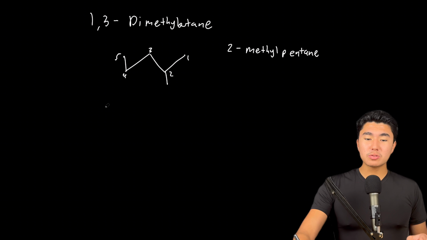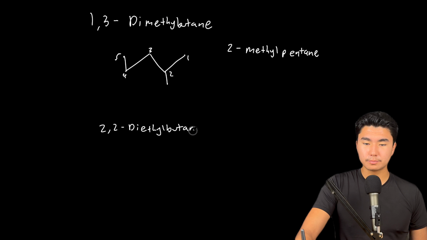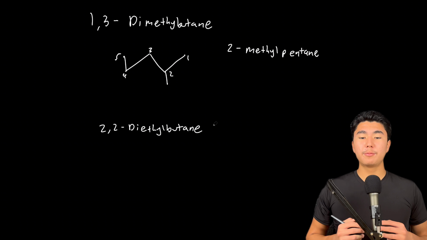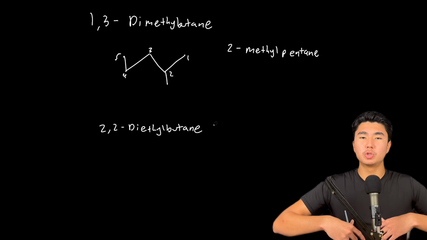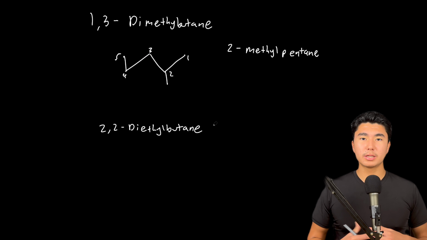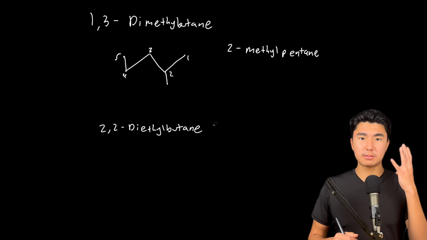So the next one we want to look at is 2,2-diethylbutane. So first off, if we want to identify the correct naming structure, we first have to draw it out and find our longest parent chain in that molecule. So butane, like we talked about, is 4 carbons.